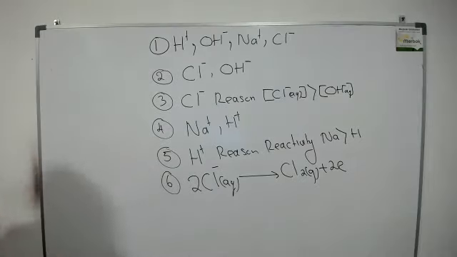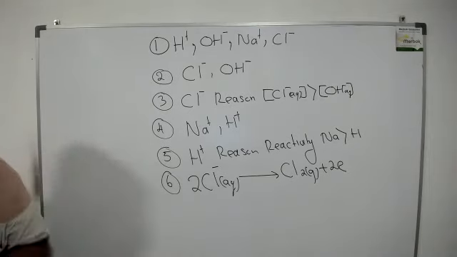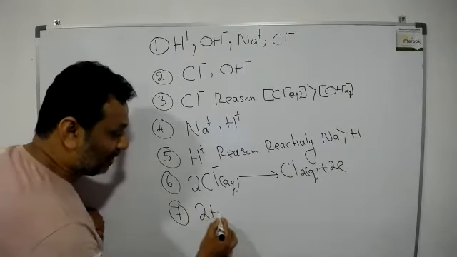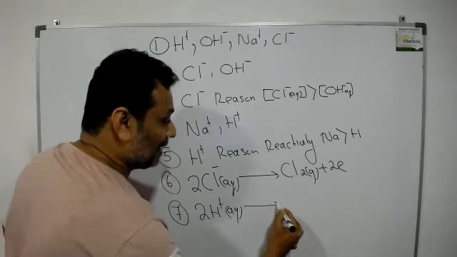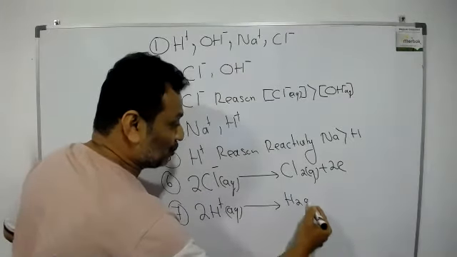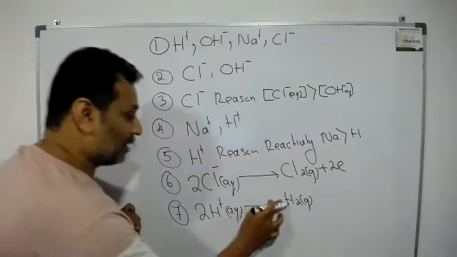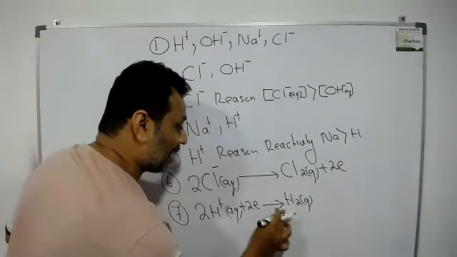Seventh one, mention the change that takes place in the negative pole by a reaction. 2H plus aqueous plus 2 electron make H2 gas.